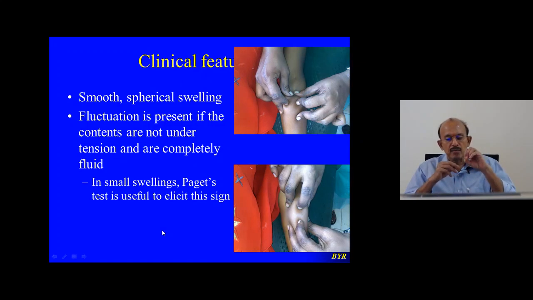If a small swelling is there, use only your index finger.